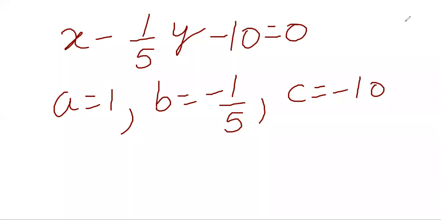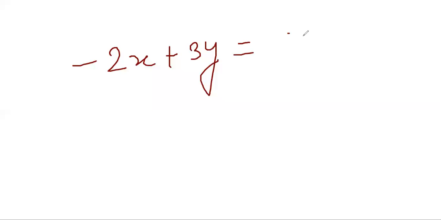So can you complete this question now? Okay, again, so here next part is minus 2x plus 3y equal to 6.